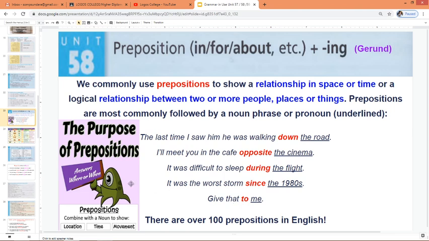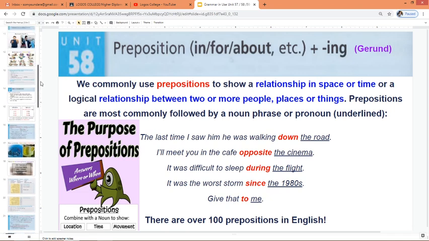So prepositions, that's their main use. This unit, what they want to do is they want to teach you that when you use a preposition and it's followed by a verb, you have to use the gerund. And a gerund is the verb plus ing.